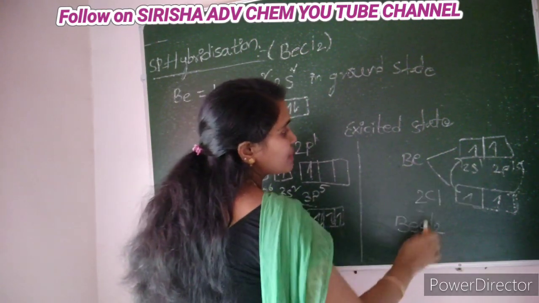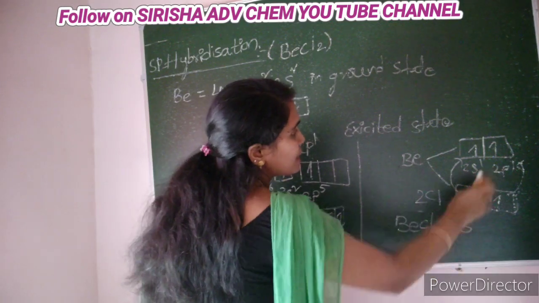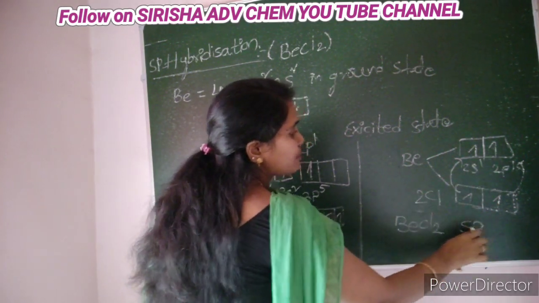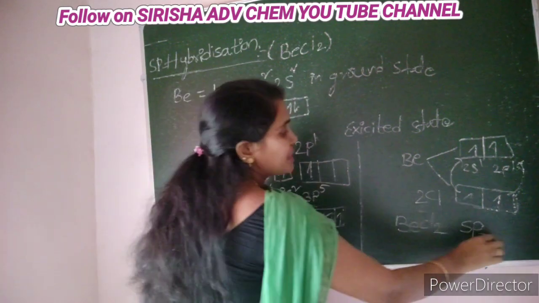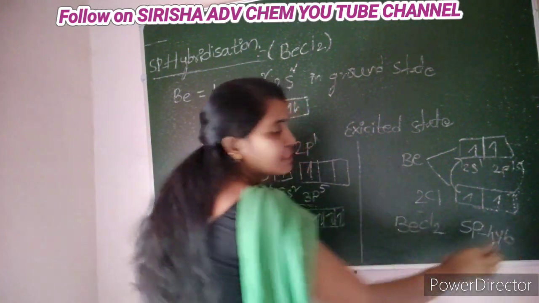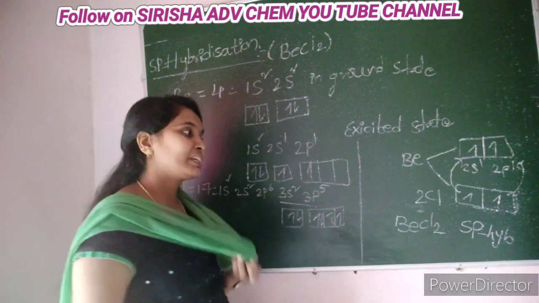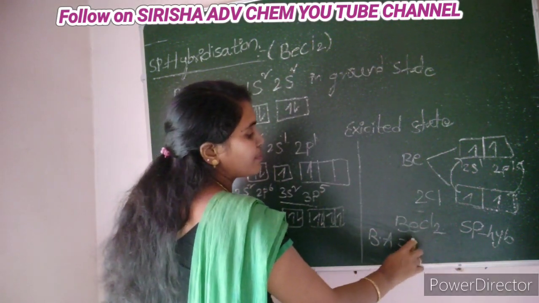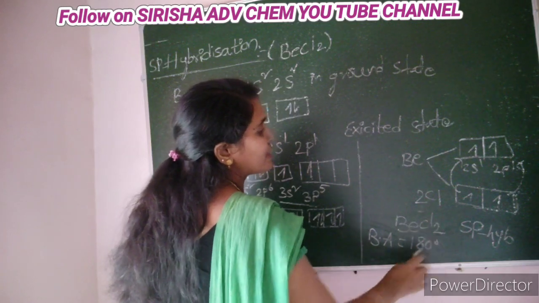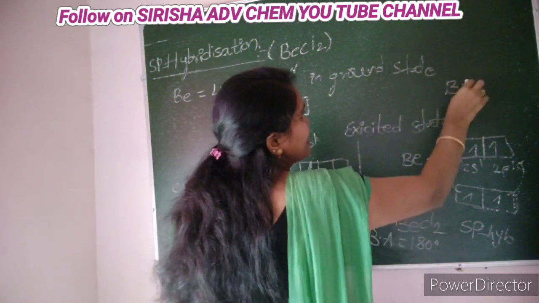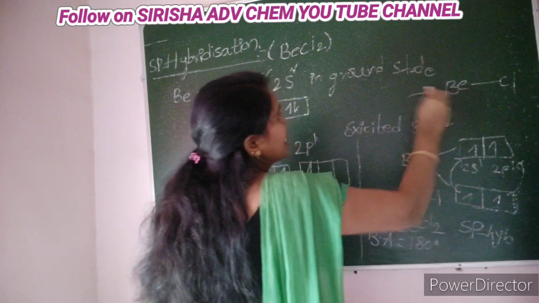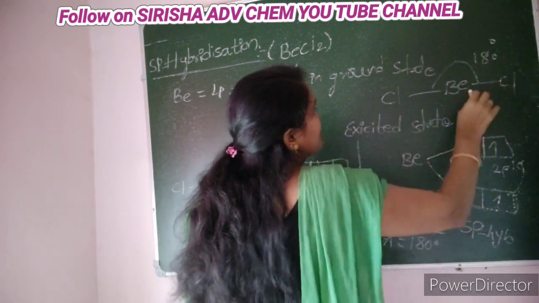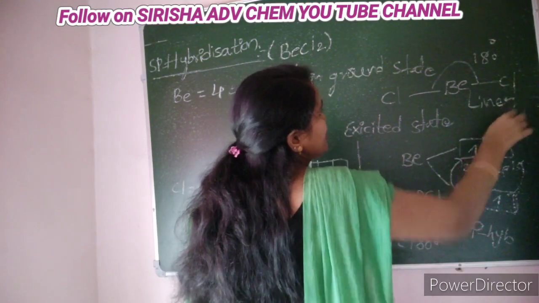So how many s orbitals are reacting? 1s. And how many p orbitals are reacting? 1p. So sp hybridization. Then what about the bond angle? Bond angle is 180 degrees. What is the shape? Linear shape, 180 degrees.